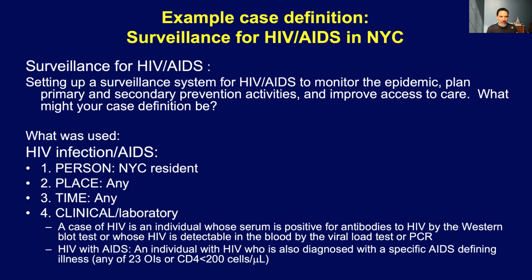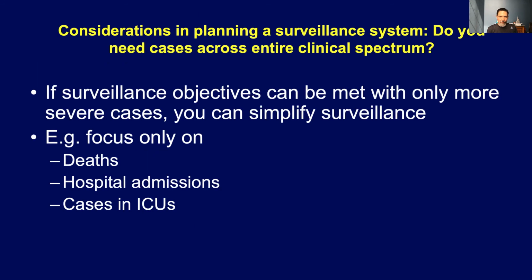This is the kind of thing that the surveillance system generates information to help track, and hopefully, information that can be used to act on reducing cases of AIDS and deaths associated with HIV.